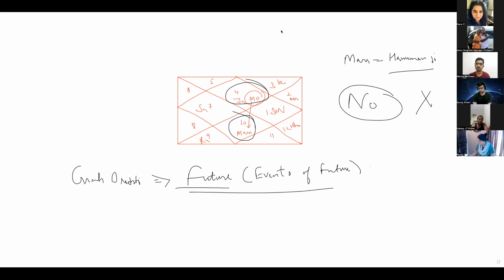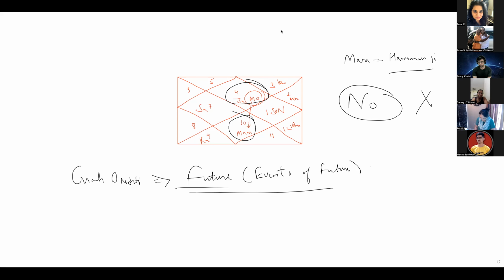What manifests at the time of the birth is only the Parivartan Yoga, because that Parivartan yoga is activated from the time you take your first breath. The Drishti is activated in a particular dasha or in a particular transit, as Sunny has explained.